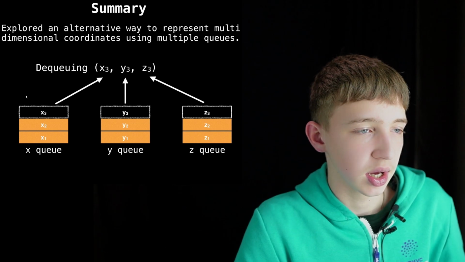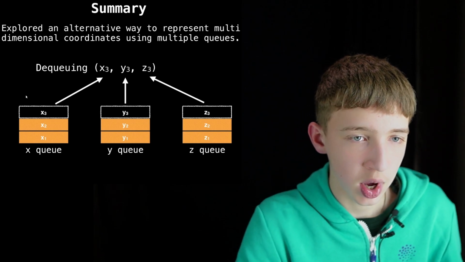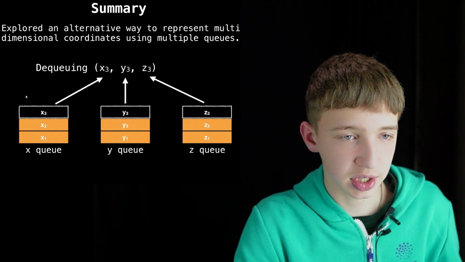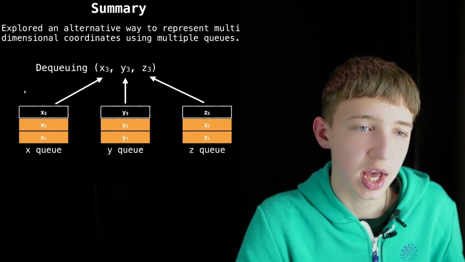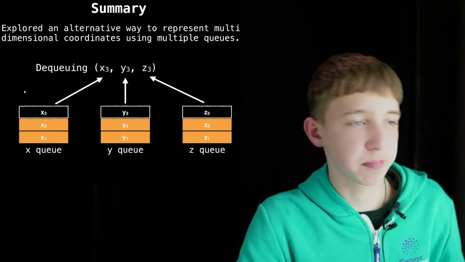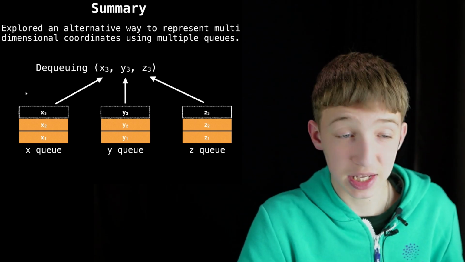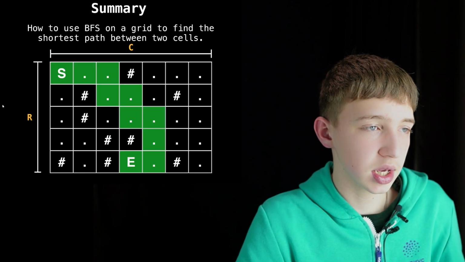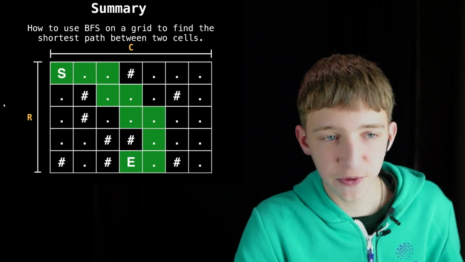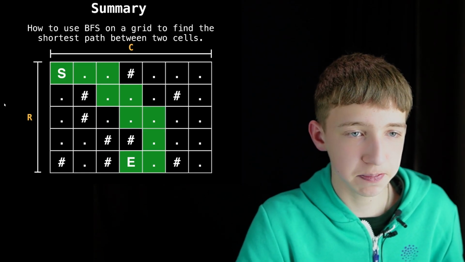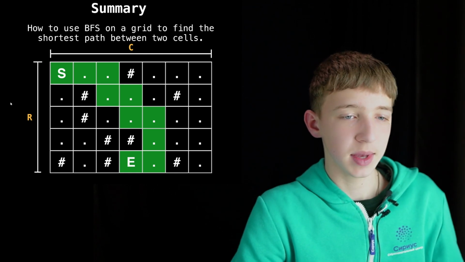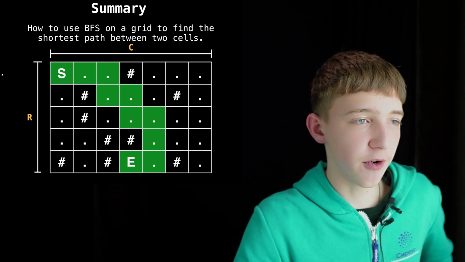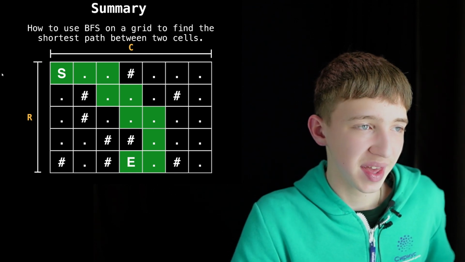Next, we've explored how to represent multi-dimensional coordinates using multiple queues without using pairs of pairs in C++, whatever. And finally, we know how to use breadth first search on a grid to find the shortest path between two cells. So that is breadth first search on an implicit graph.